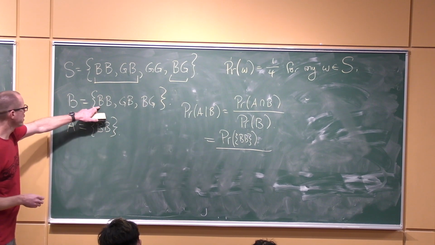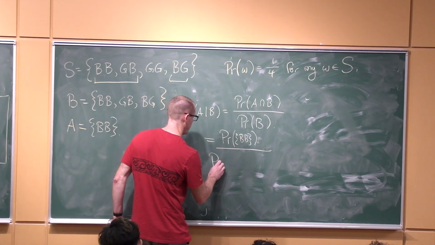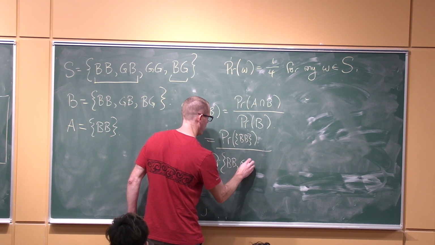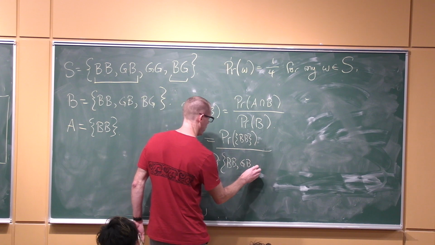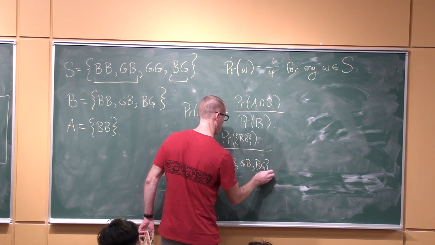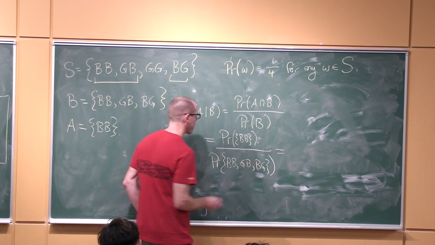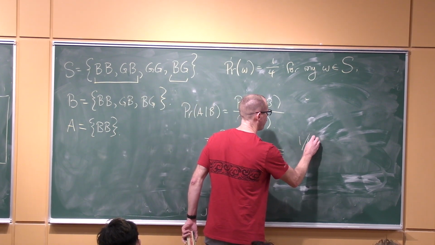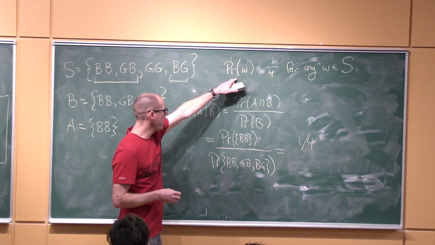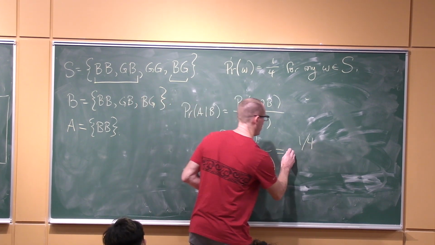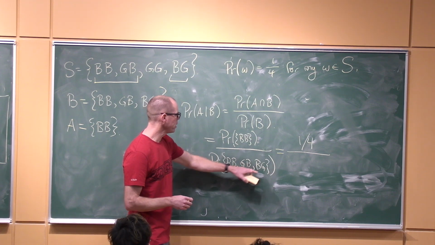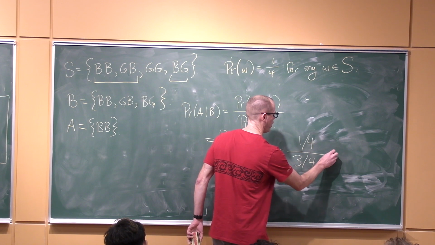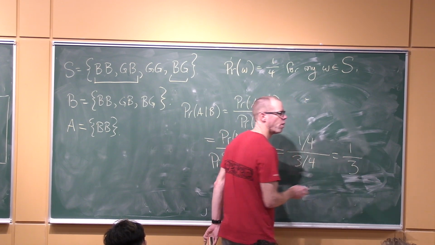And B is this set. So that's the probability of BB, GB, BG. Now the probability of BB is 1 out of 4 because it's a uniform probability space. And for B, there are 3 elements, each with probability 1 out of 4. So that's 3 out of 4, which gives 1/3.